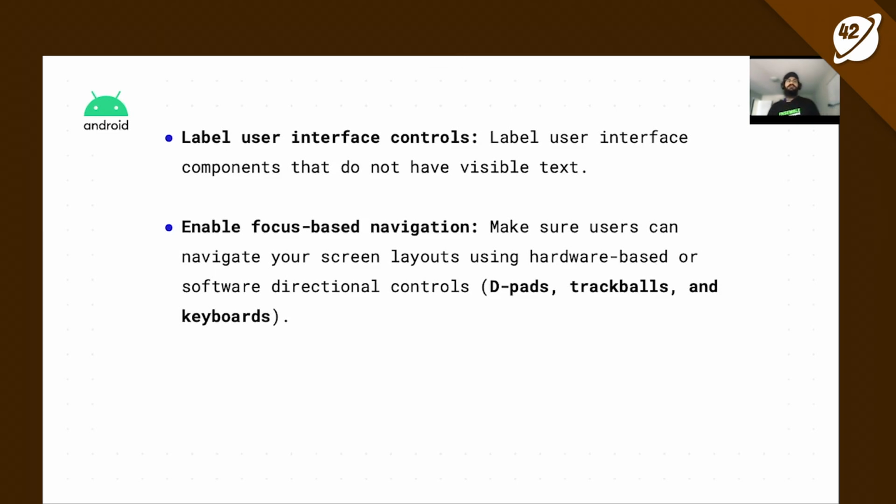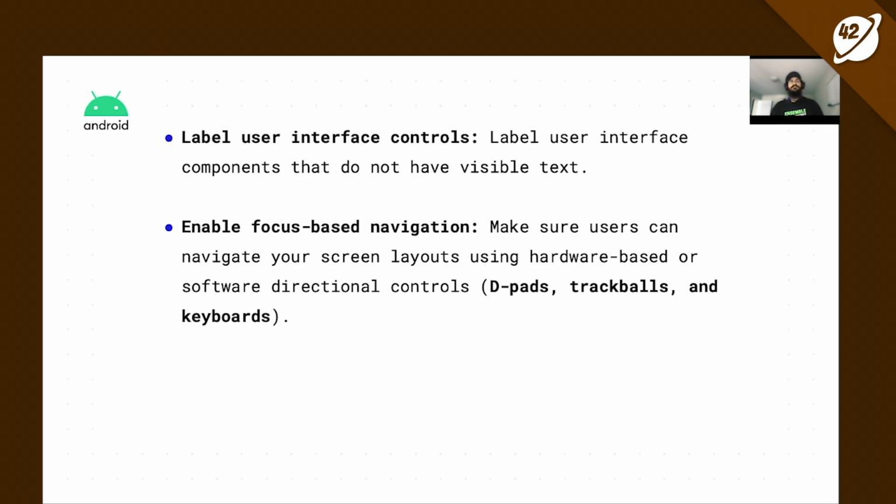Next one is the labeling of interface controls. Sometimes we have components in our user interface which are just for decorative purposes, like images, and sometimes we are also using images for providing some sort of information or for performing some actions.